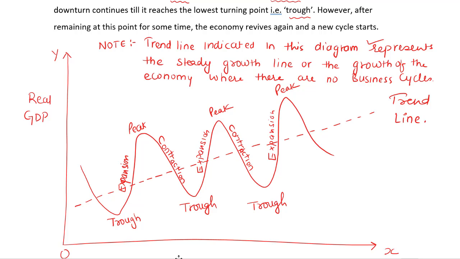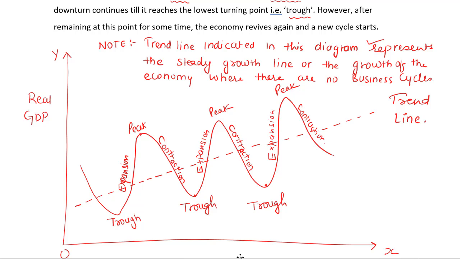The topmost level is known as peak. The lowest level is the slump. Then contraction, expansion, peak, contraction again, then depression. This dotted line shows the trend, also known as the trend line.